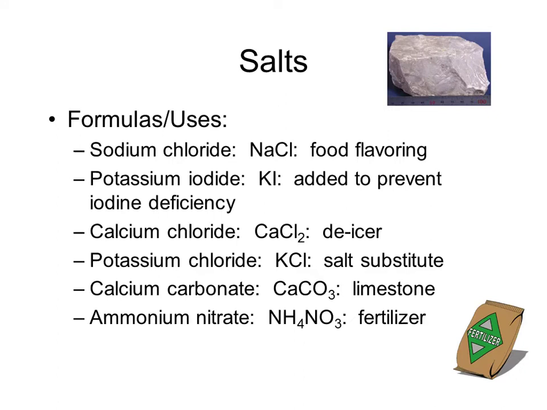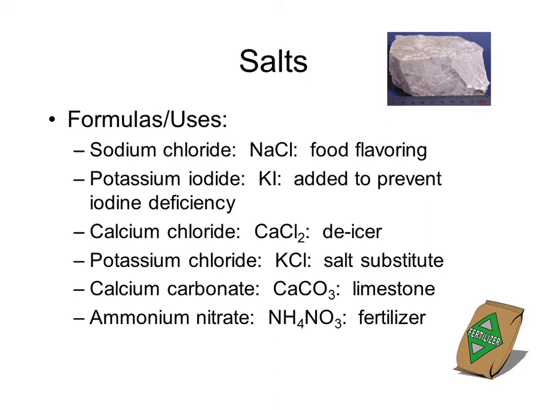So we've got some formulas here to learn for salts as well, and their uses are already written down for you, which is really nice. We have sodium chloride, and that's the one that we use most often. Potassium iodide is sometimes added to food if people have an iodine deficiency in their diet, to bring more iodine into their food. Calcium chloride is what's used outside as rock salt, for de-icers.